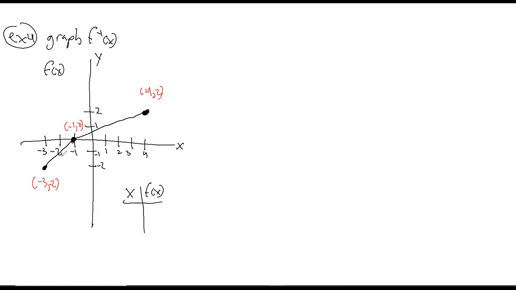So that first point, we're going left and down, so that's -3, -2. The second point is -1, 0. The third point is 4, 2. So this was the regular function. Let's swap all coordinates to get the inverse function.